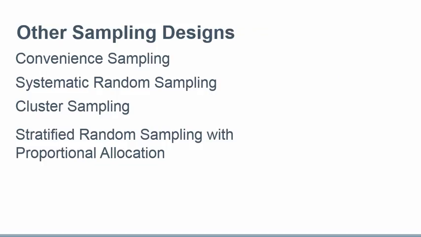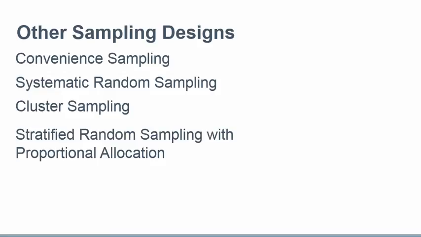To recap the section, other sampling designs. Convenience sampling is the least reliable. Systematic random sampling, as you start with a certain number and then check every nth number after that. So I could start with the 4th passenger boarding my plane and check every 20th passenger after that.